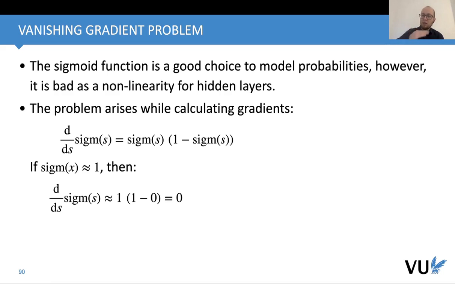If we propagate, let's say, from input to output, and at some point in the middle we get values that are close to 1, and we backpropagate, so we go to the output and we backpropagate, suddenly our gradient will zero out, and we will not update these first layers. So layers close to the input will be almost unchanged and almost like random.